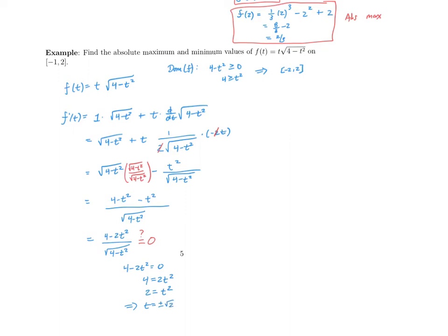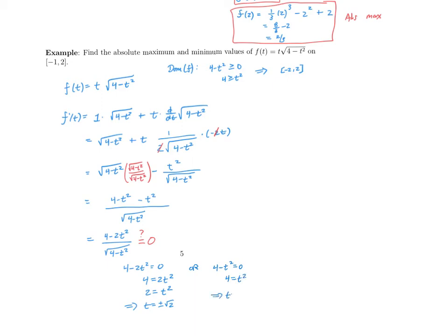We also need to think about that more subtle type of critical point, which would occur when f prime is undefined, but you're still in the domain of the function. And let's just note that this is undefined when the denominator is 0. So the other type of critical point we could get is when 4 minus t squared is 0.